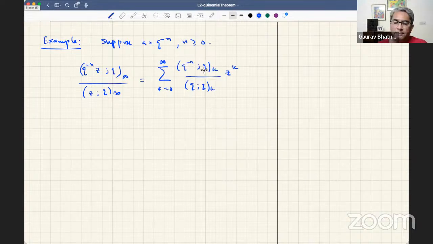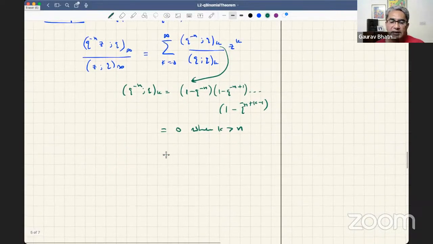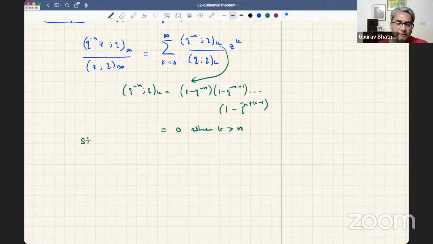Now this guy, (q^{-n};q)_k, is 1 minus q^{-n}, 1 minus q^{-n+1}, and so on, up to 1 minus q^{-n+k-1}. So this becomes 0 when k is bigger than n. So the sum becomes a terminating sum.